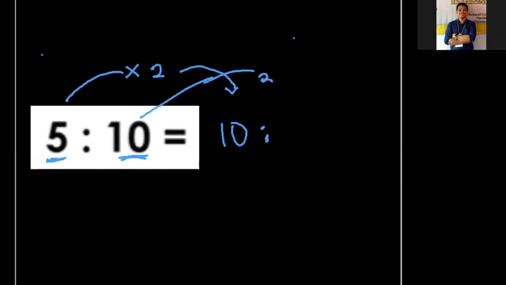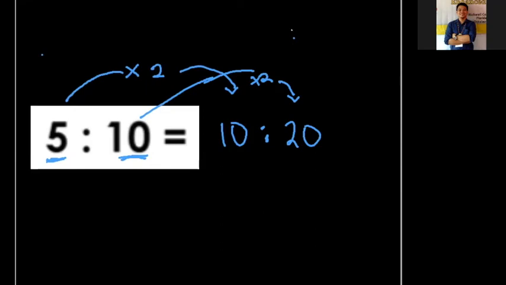We can multiply 5 by 2, so that we'll get 10. So if you multiply 5 by 2, we also multiply 10 by 2. So we get 20. Then 10 is to 20 is equivalent to 5 is to 10.